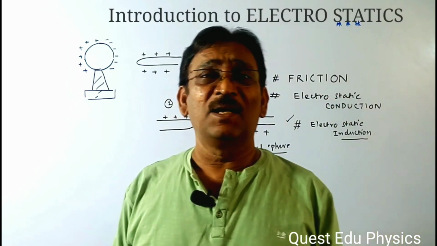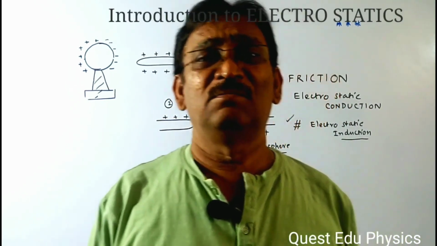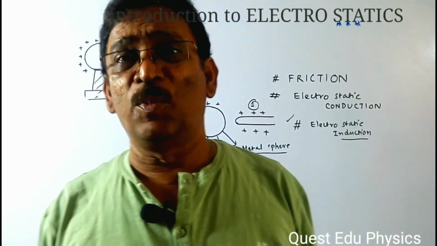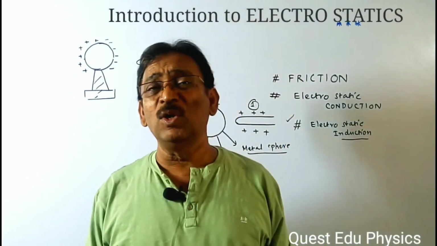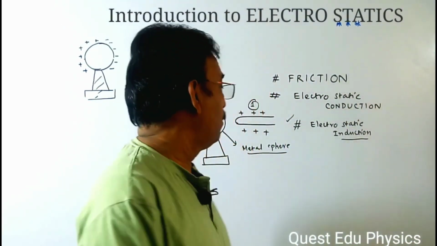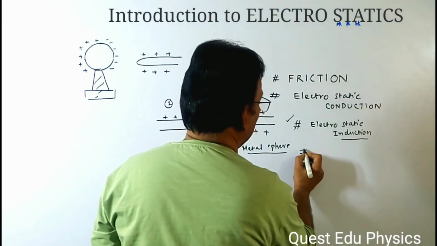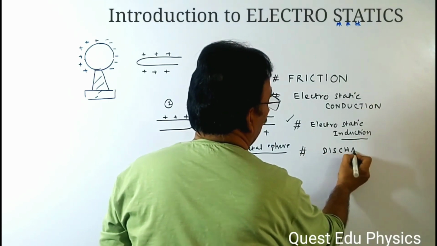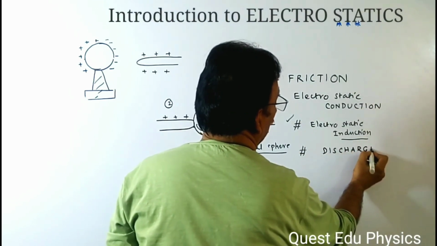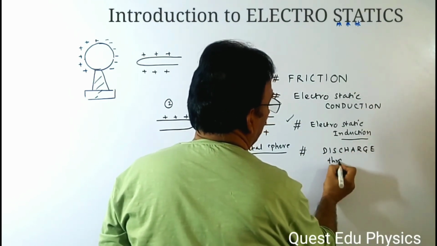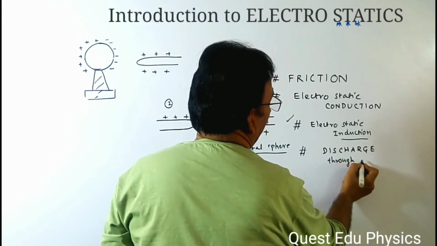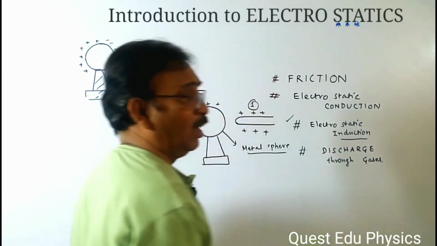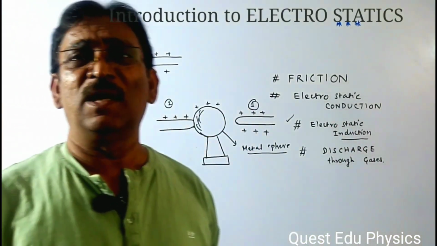Electrostatic induction, conduction, and also friction are the methods to produce charges. Not only these 3, students, we have one more. The 4th is discharge through gases, students. We call it discharge through gases. What is discharge through gases?